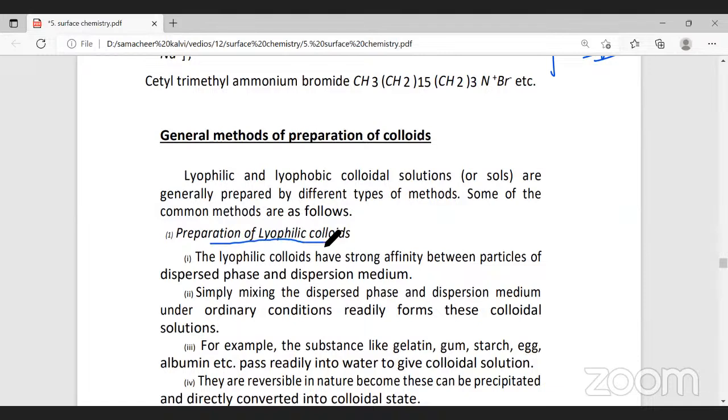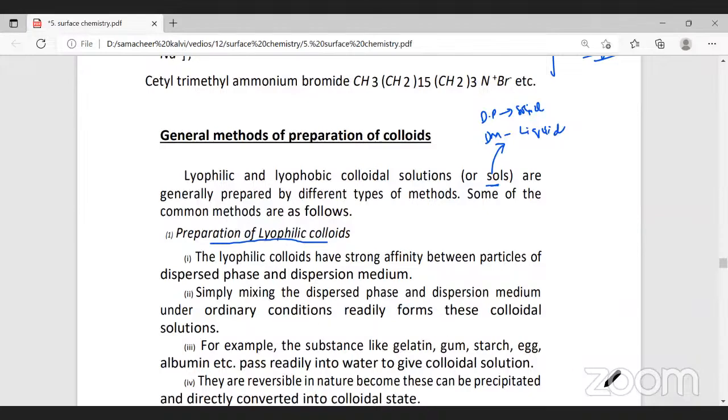What is a sol? A colloidal system in which the dispersed phase is solid and the dispersed medium is liquid is called a sol.